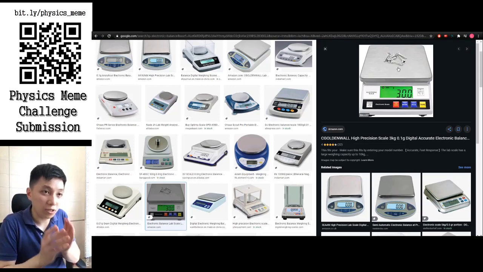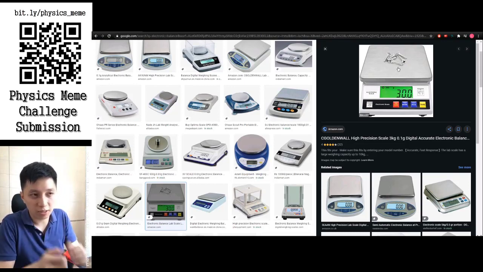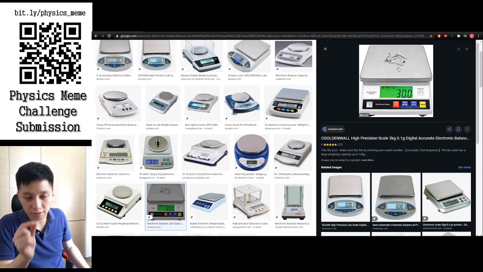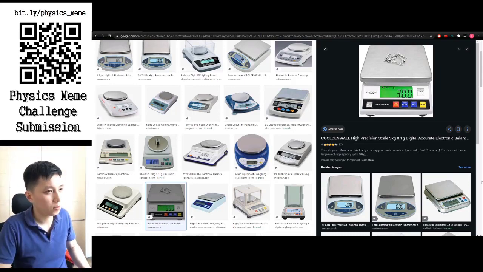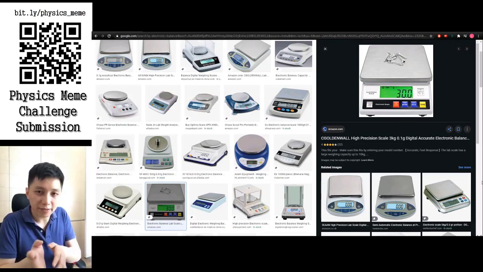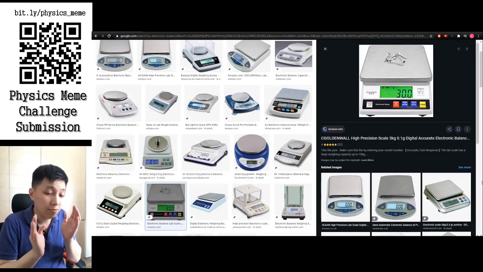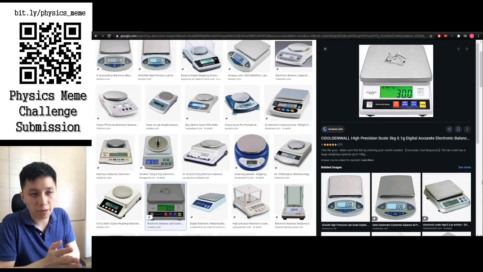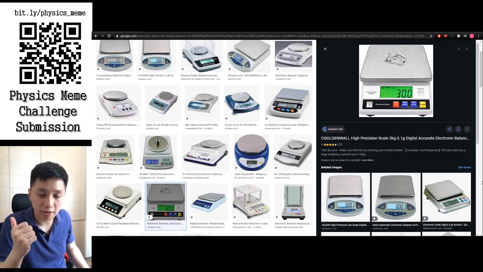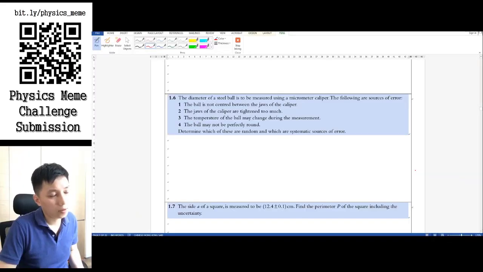So that's why for the digital one, we will just take the last division, the last decimal. That's probably the smallest division. I don't think this will be something that you will encounter in paper 1, 2, or 3 in the written exam, but it will be very important for you to think about in the internal assessment, IA.